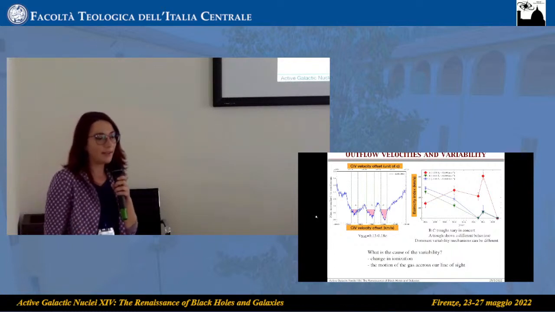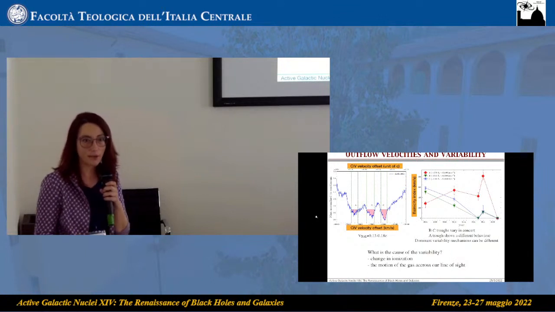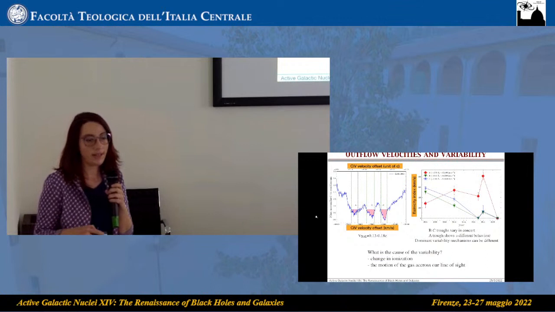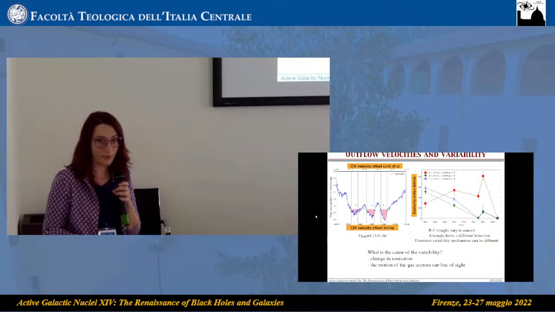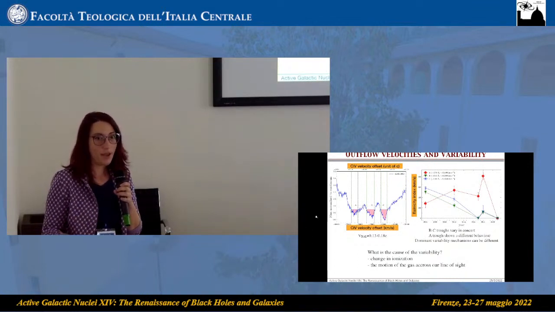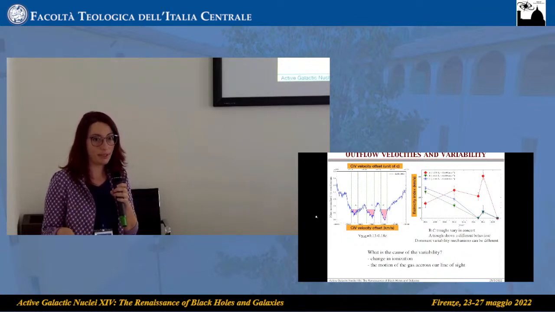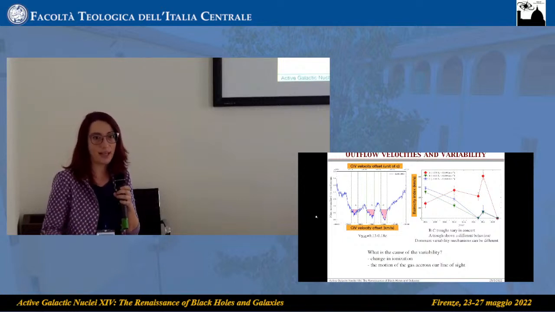Because the physical mechanism behind is different. With the gas motion scenario, the radius depends on the time variability with a square root dependence. For the change in ionization, instead, you have the second power of the time variability. So these imply strongly different results in terms of radius.